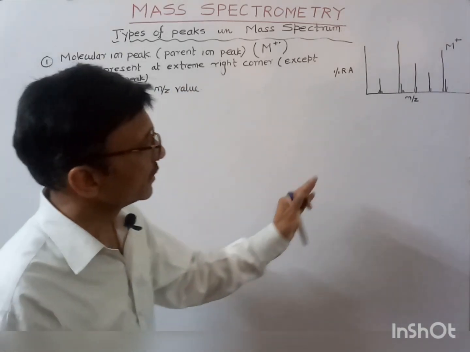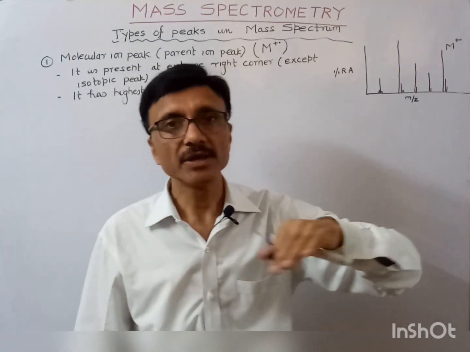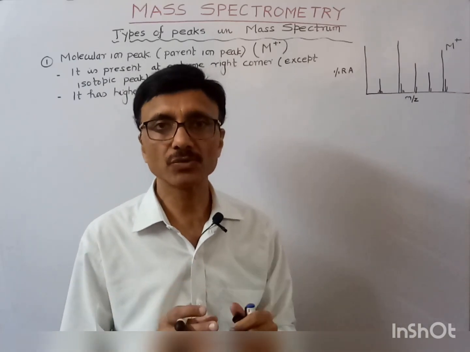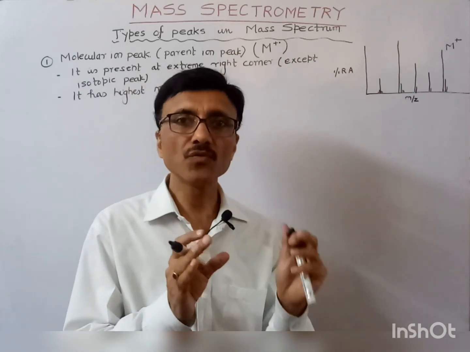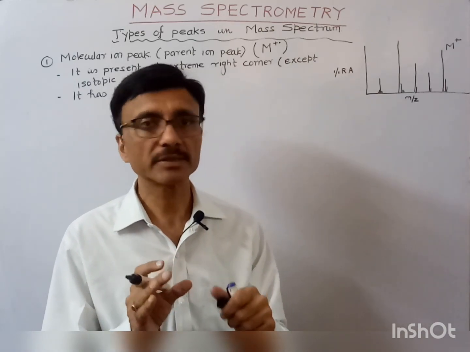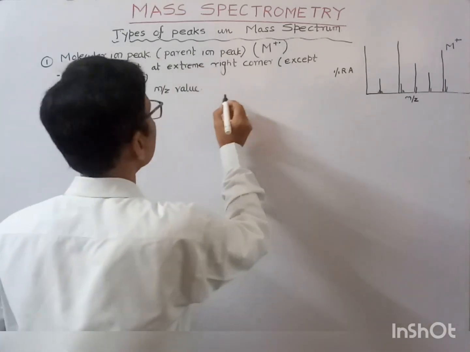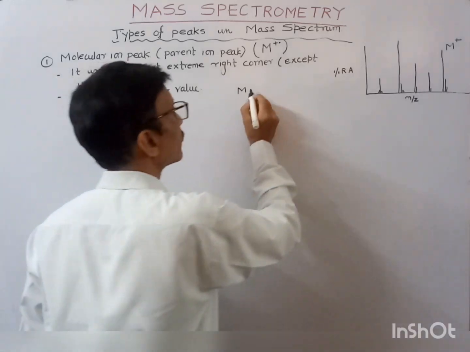And if you compare this molecular ion peak with the molecule, then between the molecule and the molecular ion, if we remove one electron from the molecule, we get the molecular ion peak. So how do we get it? Suppose we have any gaseous molecule.